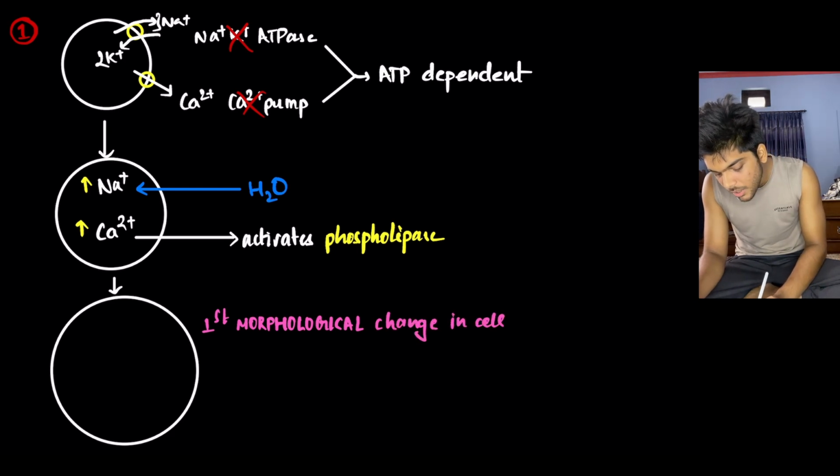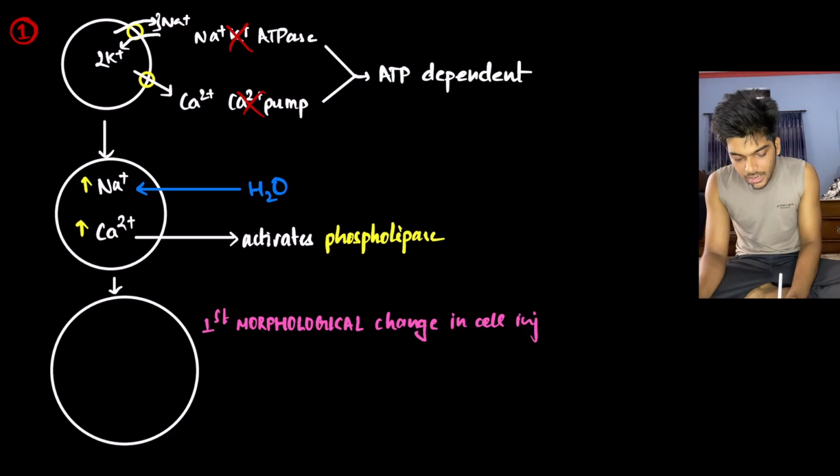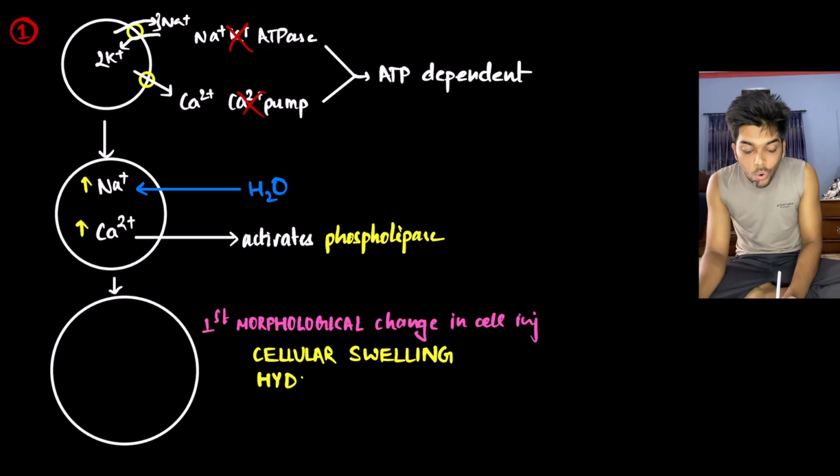What is the first morphological change in cell injury? It is cellular swelling. Why is cellular swelling taking place? It is taking place due to the accumulation of water within the cell. That is why the change is also referred to as hydropic change.